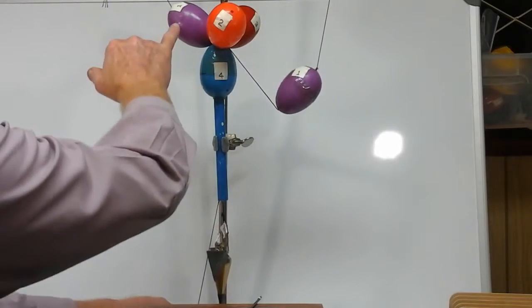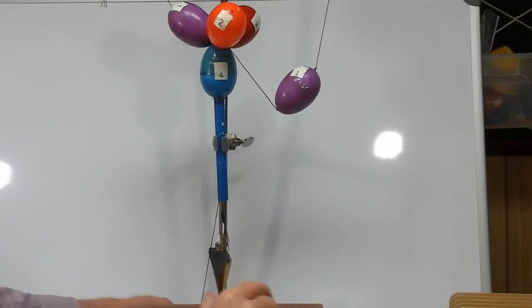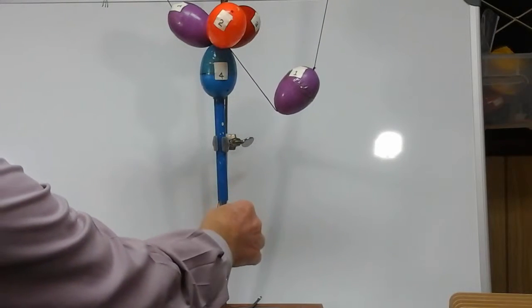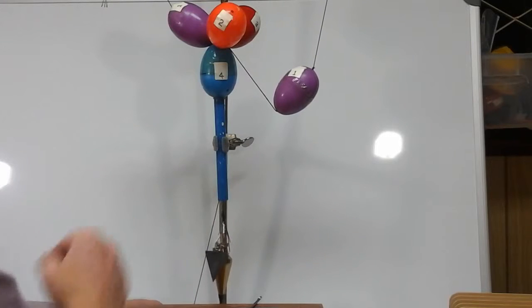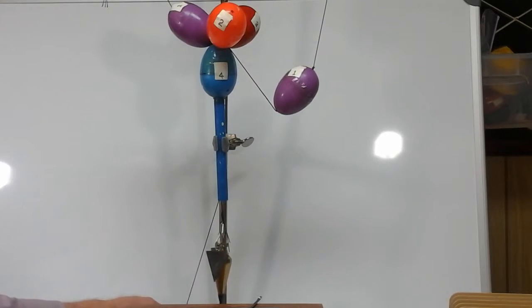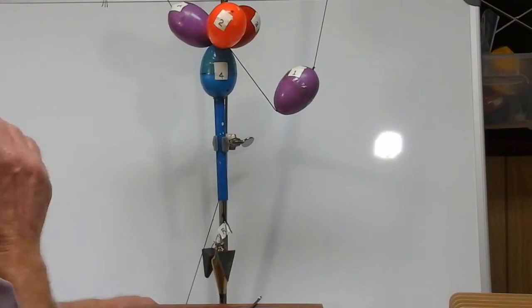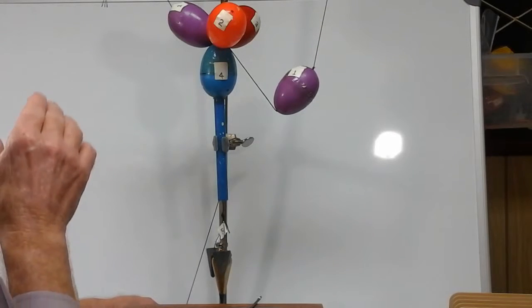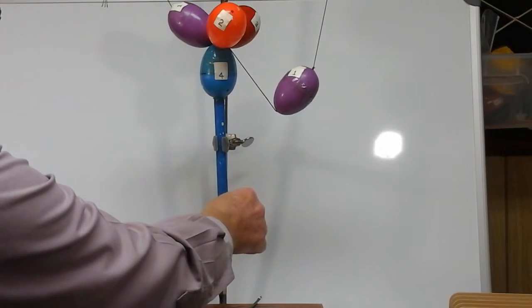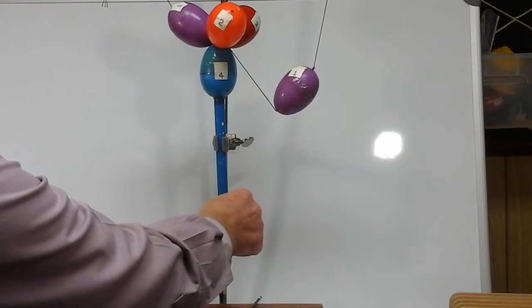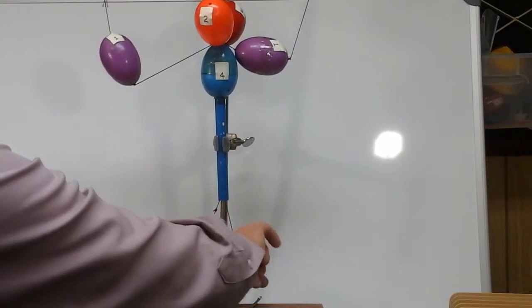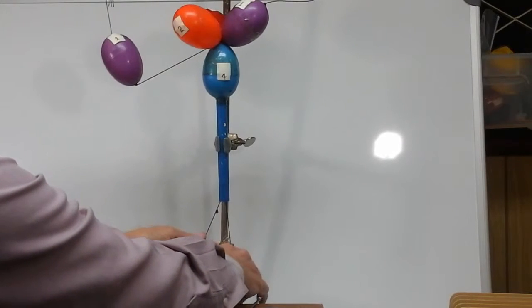Now if I look here, I've got 1, 2, 3, and that's counterclockwise, which would be what we call the S configuration, and these have opposite configurations. So you're going to have an equal number of the S form and the R form.